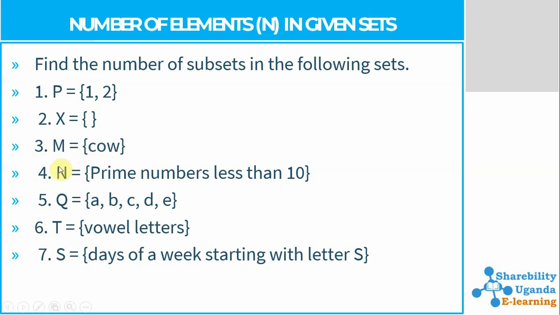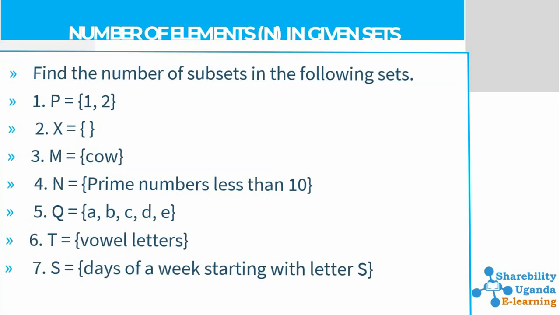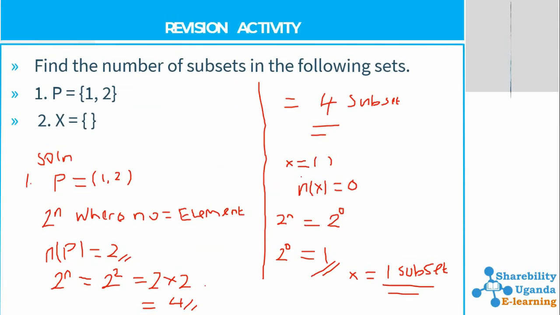Then we have our set N, which is question 4. It has the prime numbers less than 10. So we are going to see how we can find the number of subsets within these two sets which have been given. Okay, let's get started.